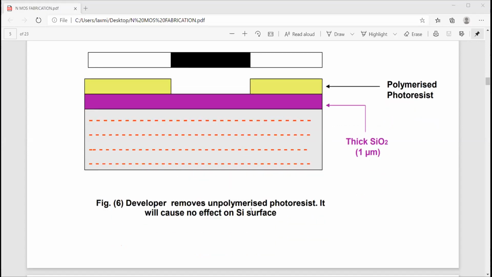Developer removes unpolymerized photoresist. Here where we used the mask, that is very smooth. UV light did not fall, so that is very smooth. If it is smooth we can remove it. So to remove the area wherever we require, in that place we can use a mask.